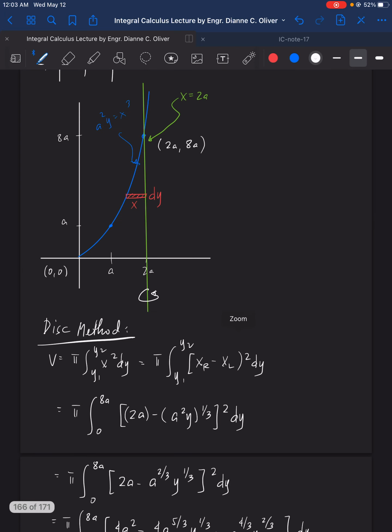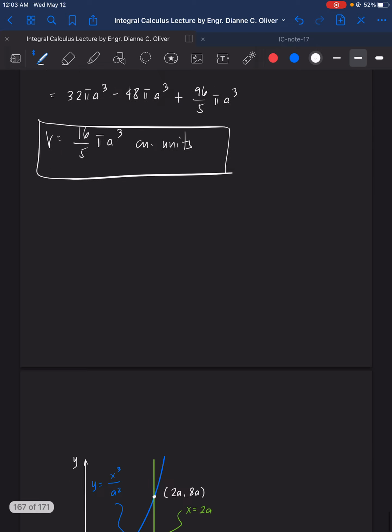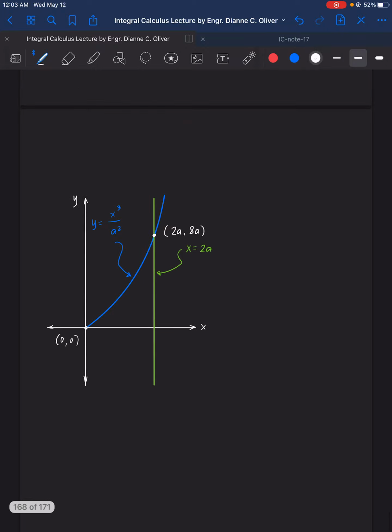Now if we plan to use the vertical area strip, using the same boundaries, so if we are using the vertical area strip of the y dx, and then the rotation is in the line here.